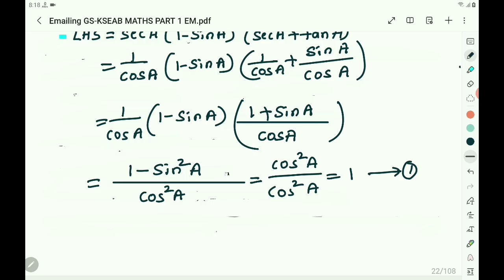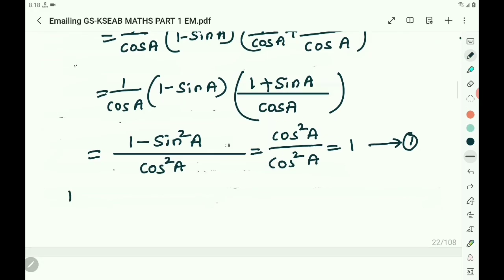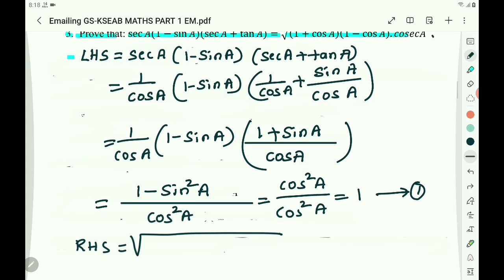Consider this is first. Now you take the RHS. RHS equals whole root. What is there? 1 plus cos A into 1 minus cos A under the root, and cosec A is outside the root.